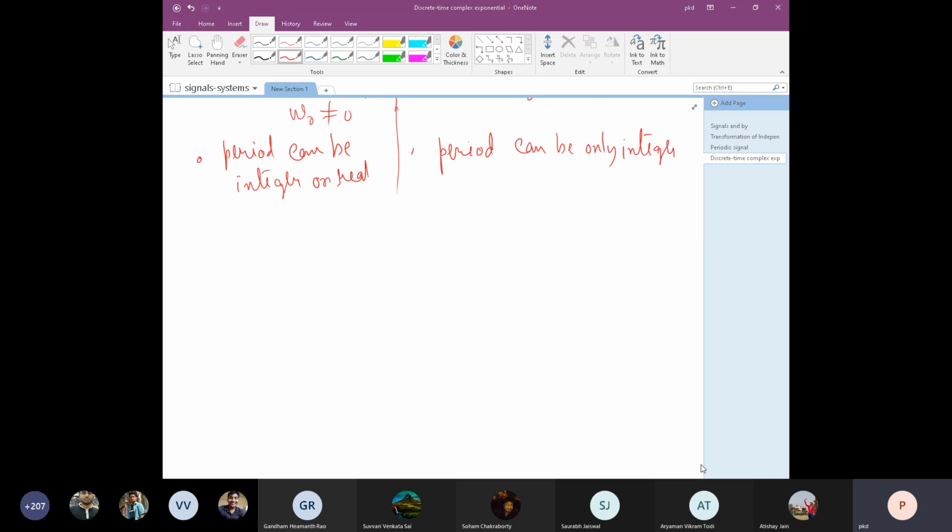So some examples were given in the book. Say x(t) equal to cosine of twice pi t by 12 and x(n) equal to cosine twice pi n by 12. So these both have period 12.